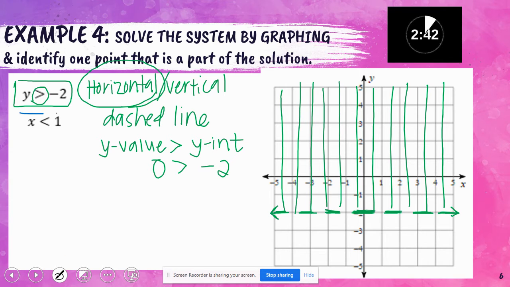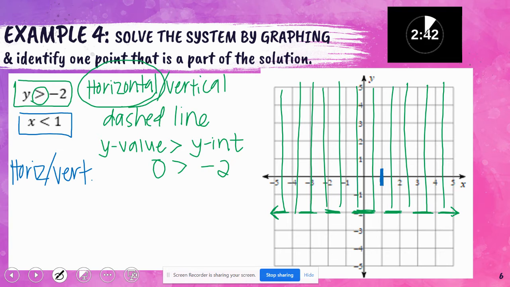The next equation is x is less than 1. Again, we're either going to have a horizontal line or a vertical line. And the easiest way to tell is let's find where x is equal to 1, since this inequality is in terms of x. So we find where x is equal to 1, and we'll make a little tick mark right here.